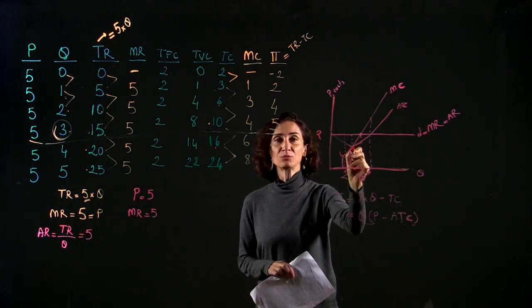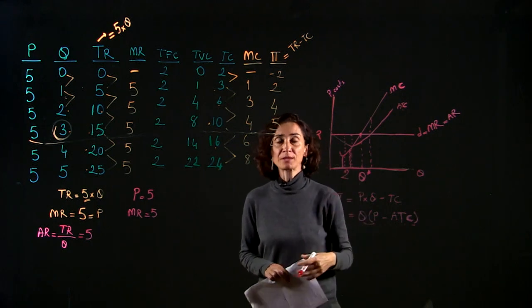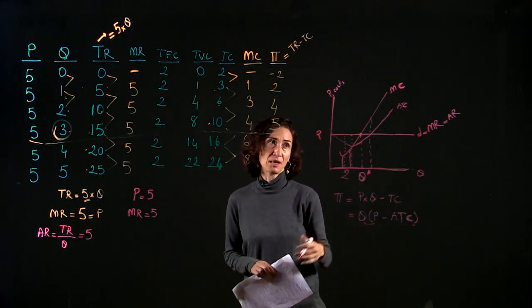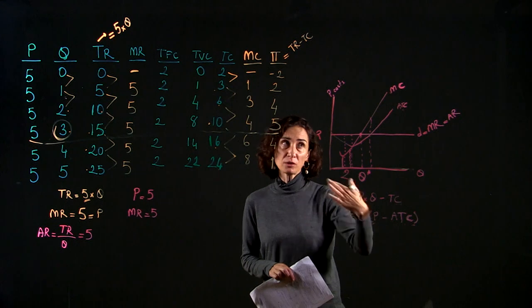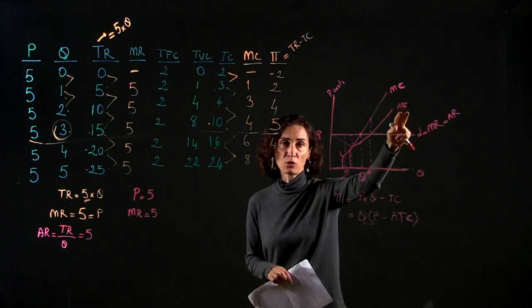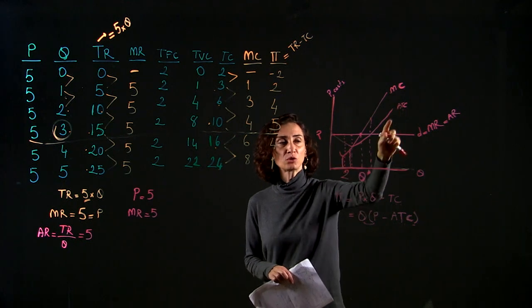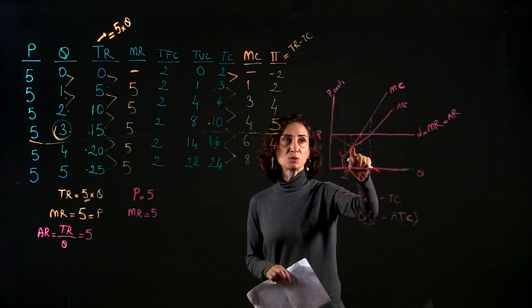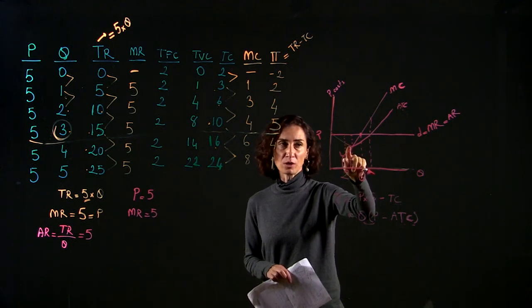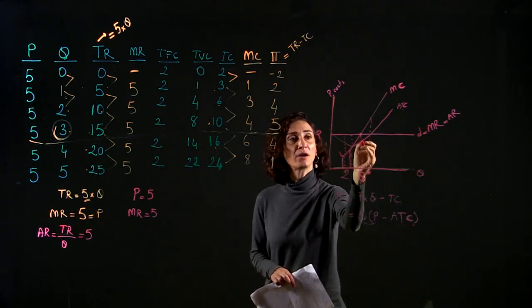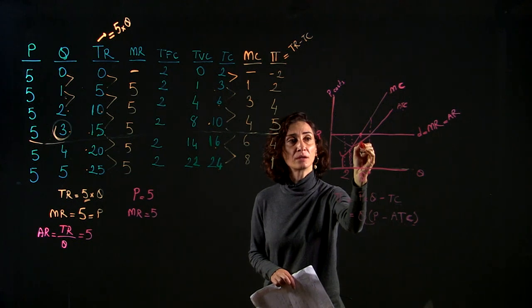Because of the mathematical relationship I talked about in one of the previous lectures. We talked about the shapes of marginal cost curves and average total cost curves. This is a nice looking average total cost curve. And this is where it intersects marginal cost. But this doesn't matter for us now.